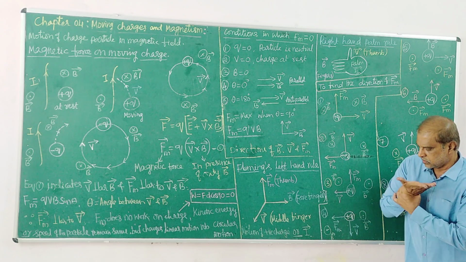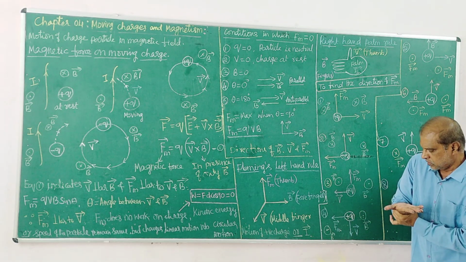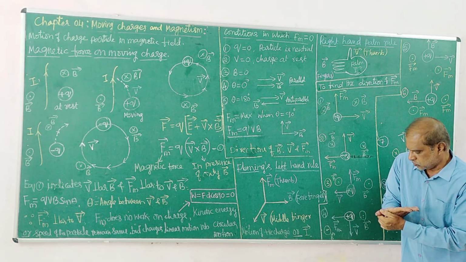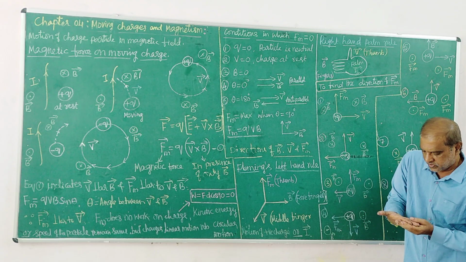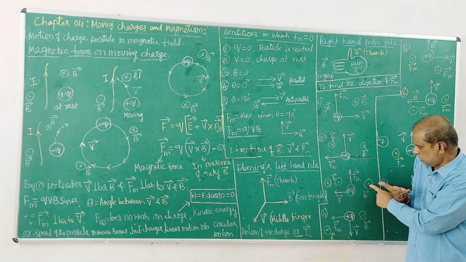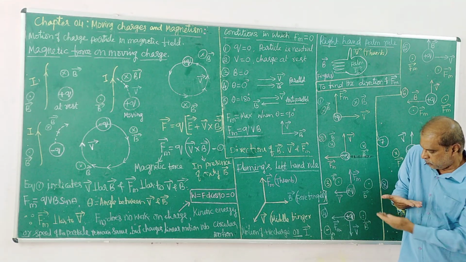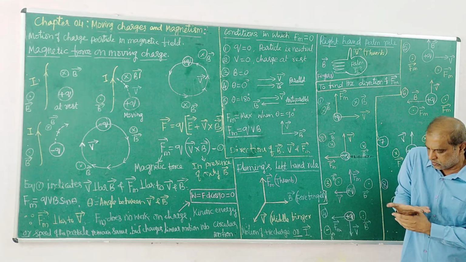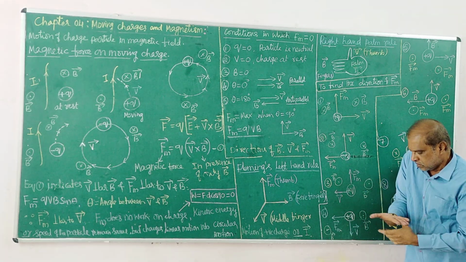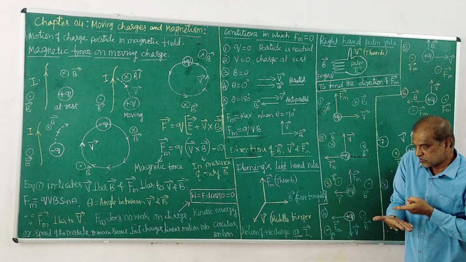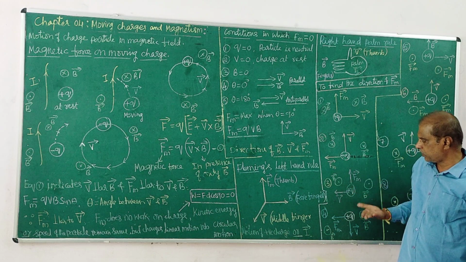I have to turn my palm like this in such a way that this direction coincides with velocity and this direction coincides with the field vector, perpendicular to the board, outward. And what would be the force on this charge? Here the palm is facing upward. So that is the direction we identified.